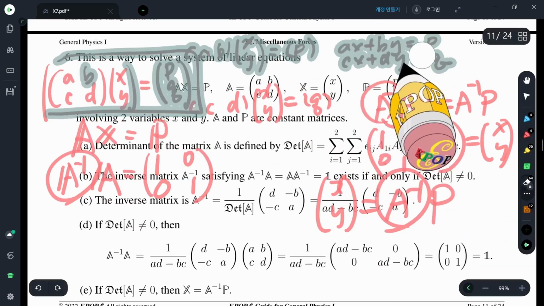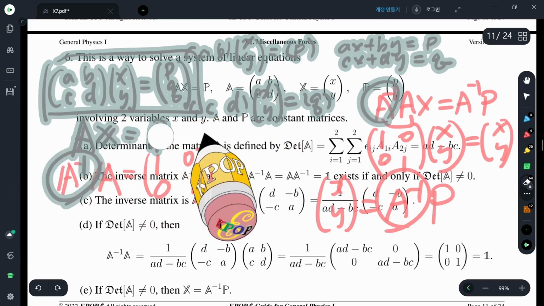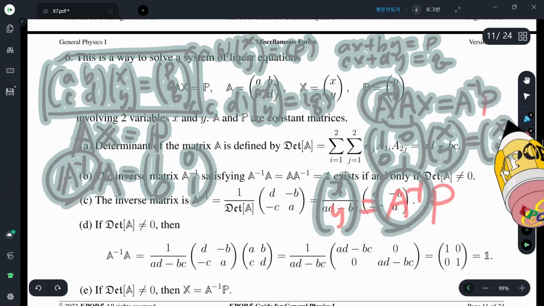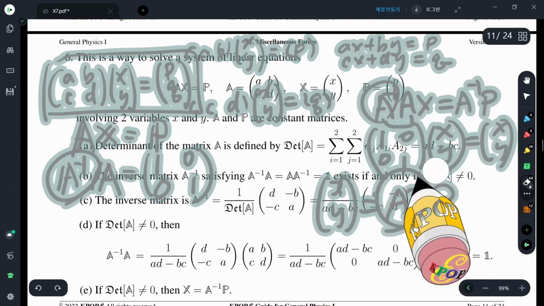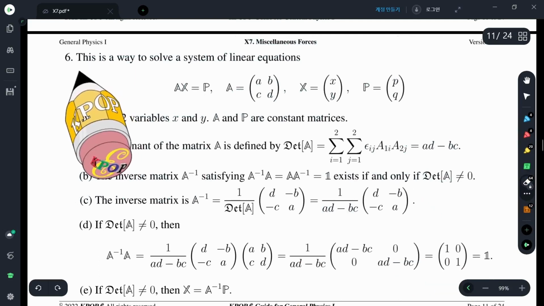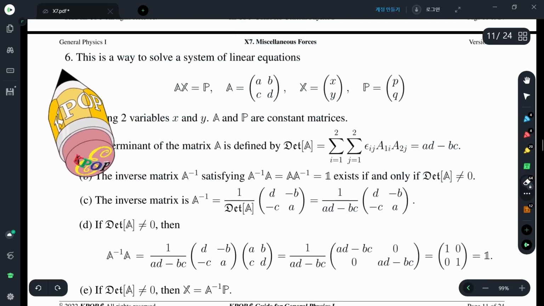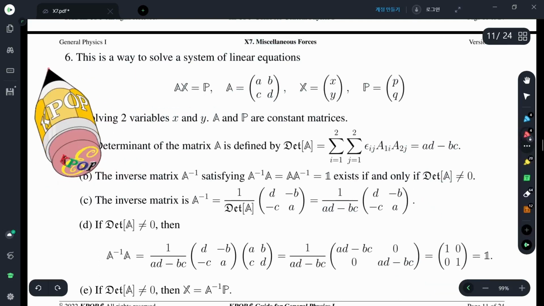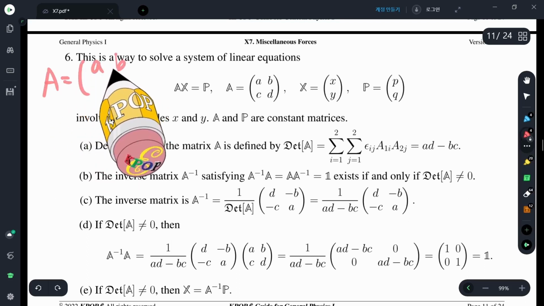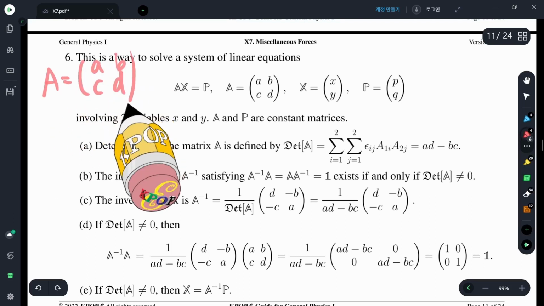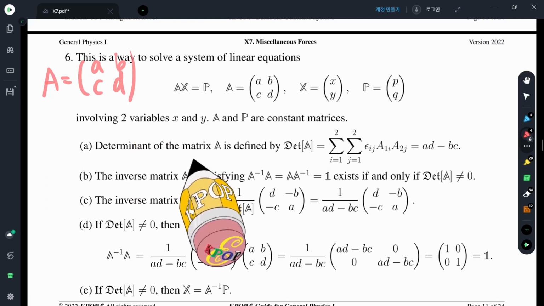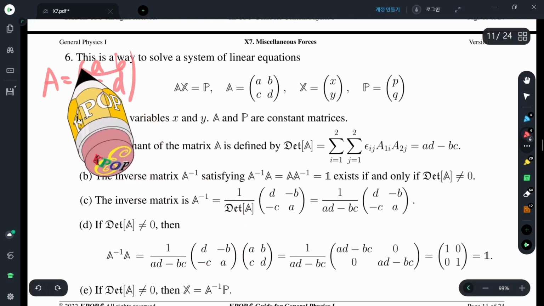The answer is very simple. We have A, capital A, that is a, b, c, d. First, this solution exists only if the determinant is non-vanishing. Why?